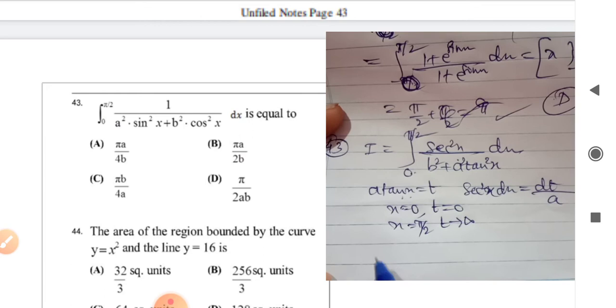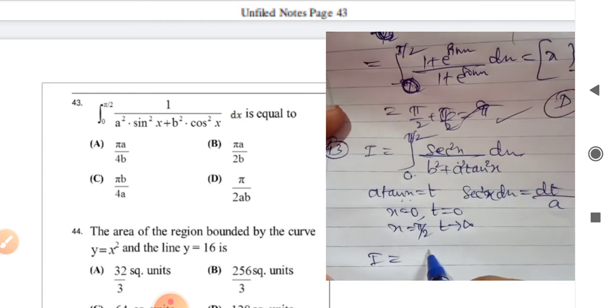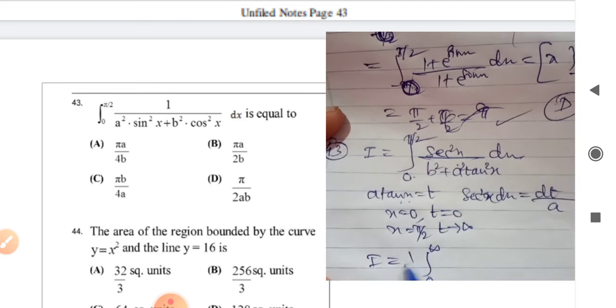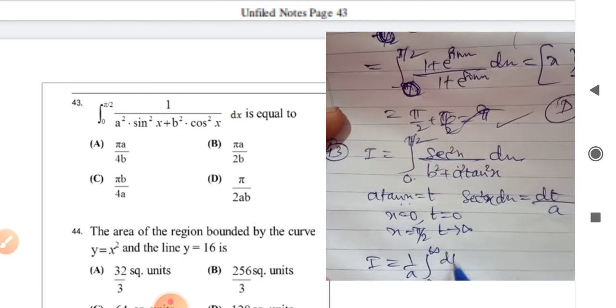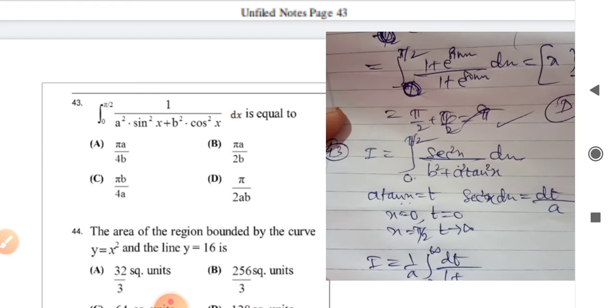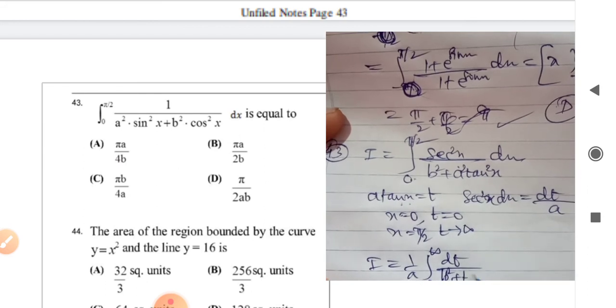So therefore now the limits take the form 0 to infinity. Then it is 1 by a, dt divided by b square plus t square.